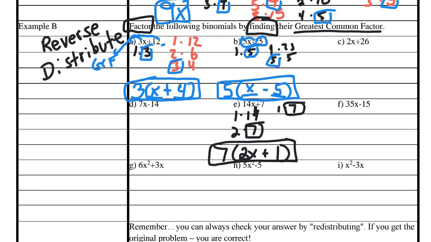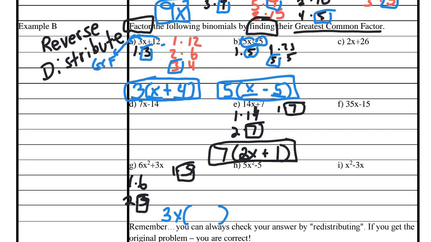Okay, let's look at G. So G, break down your numbers. So 1 and 6, 2 and 3. Break down 3 as 1 and 3. Greatest common factor is 3. But if I look at G, I have a lot of x's. Compared to A through F, where I only had one x, here each number has an x next to it. So that means my greatest common factor is going to be not just 3, but 3x.